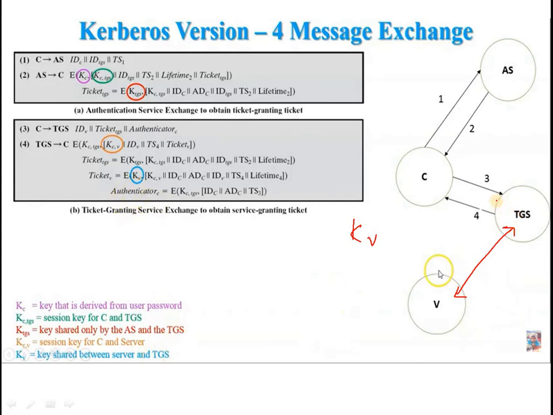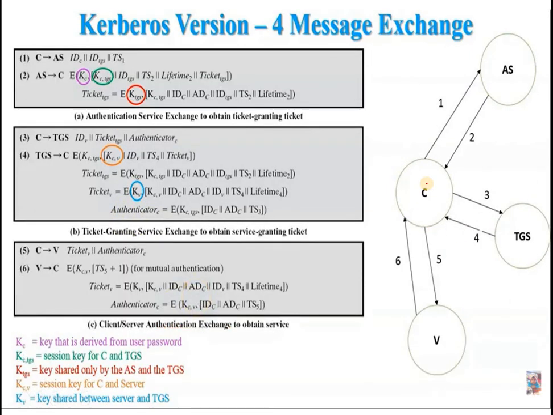He can't decrypt it. Hence, again, he will send that to server V in the fifth step. You can see here, in the fifth step, he is sending the ticket as well as authenticator C to V, that is your service server.